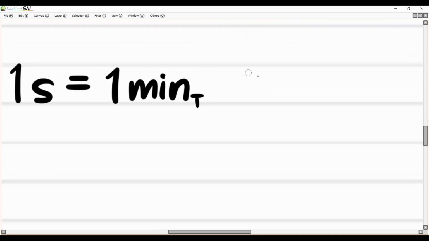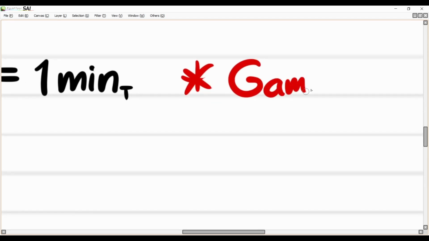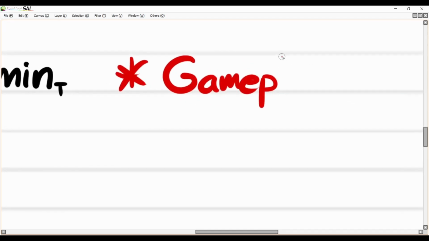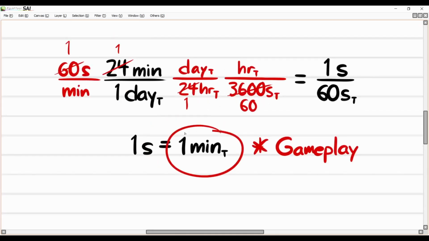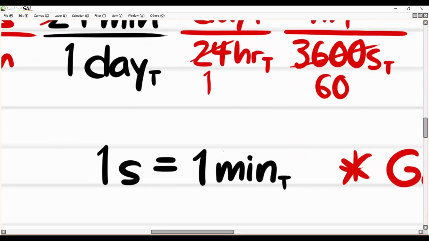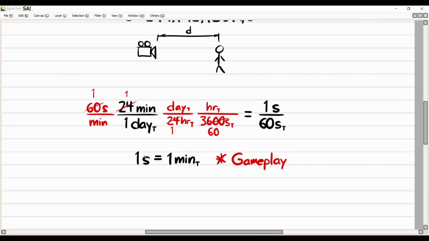But I want to point out that this is specifically from gameplay, not necessarily lore-wise. I do think it's a little weird to use this unit of measurement. I just feel like from a lore standpoint, 1 second for us being 1 minute for Teyvat feels really off.